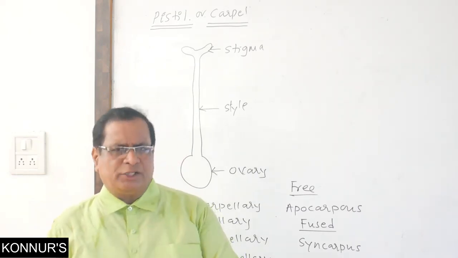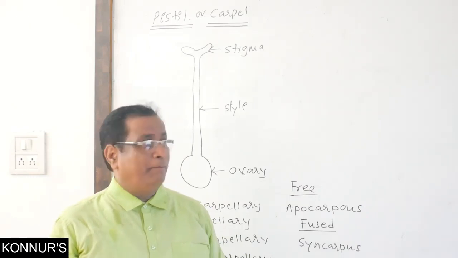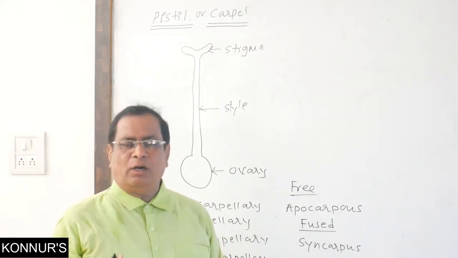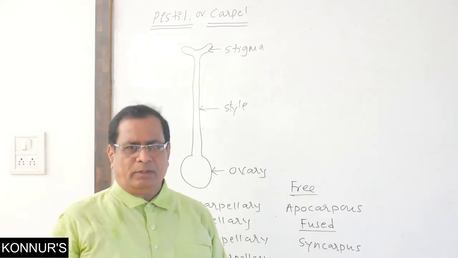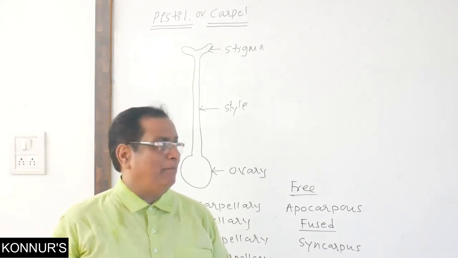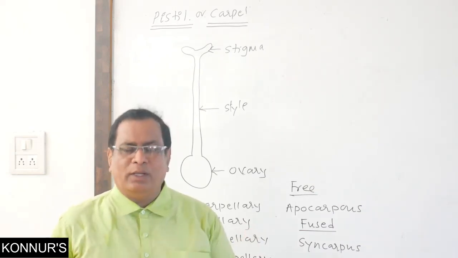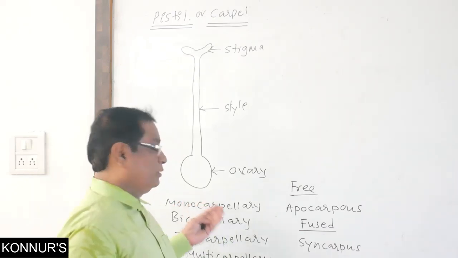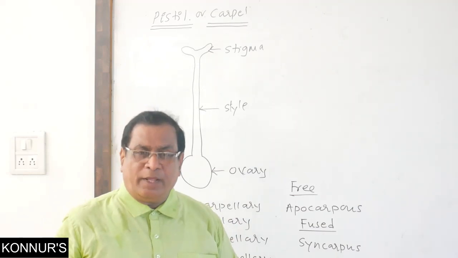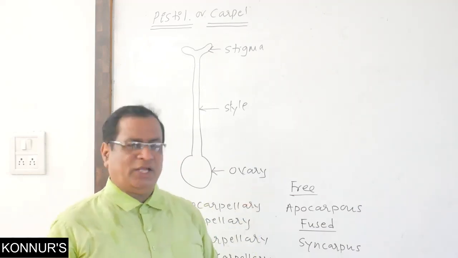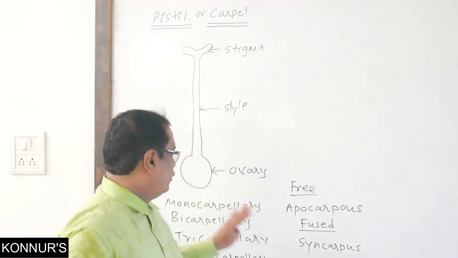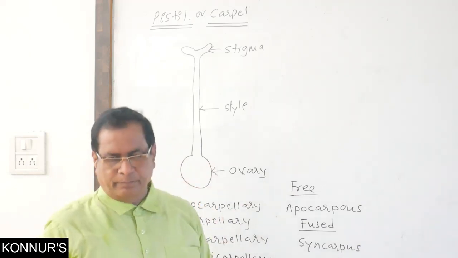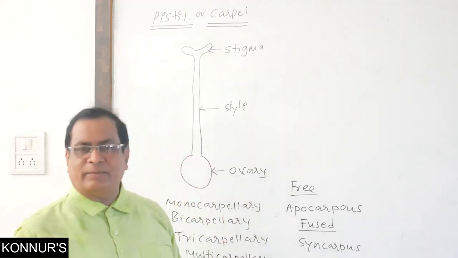In that ovarian tissue, there will be a megasporangium or ovule. There may be a single megasporangium or ovule as in the case of cereals. Even there are innumerable megasporangia and ovules in ovarian tissue. They are there in the ovary as well.